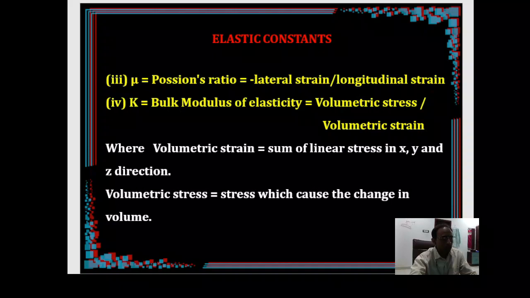If it is two-dimensional only, you are applying force in the x direction, that becomes your longitudinal direction, and y becomes your lateral direction. If it is three-dimensional, you apply in x, and y and z become your lateral directions, and the associated strain in those directions is referred to as lateral strain.